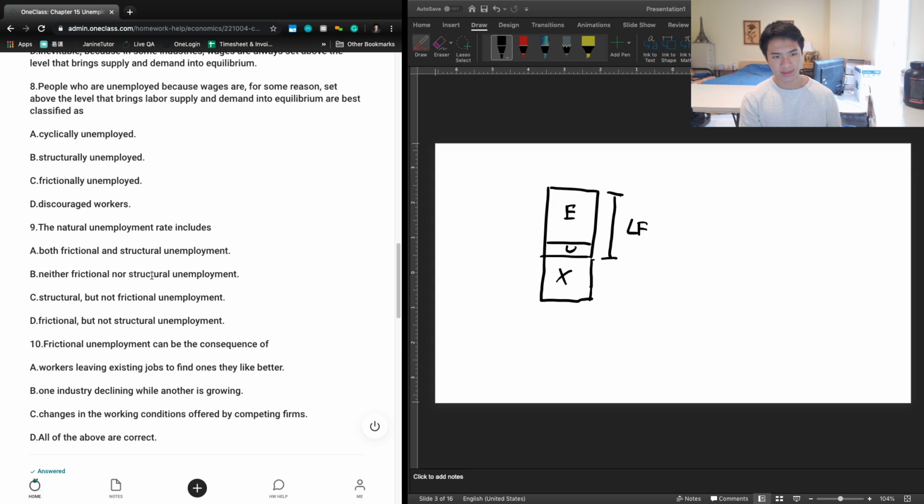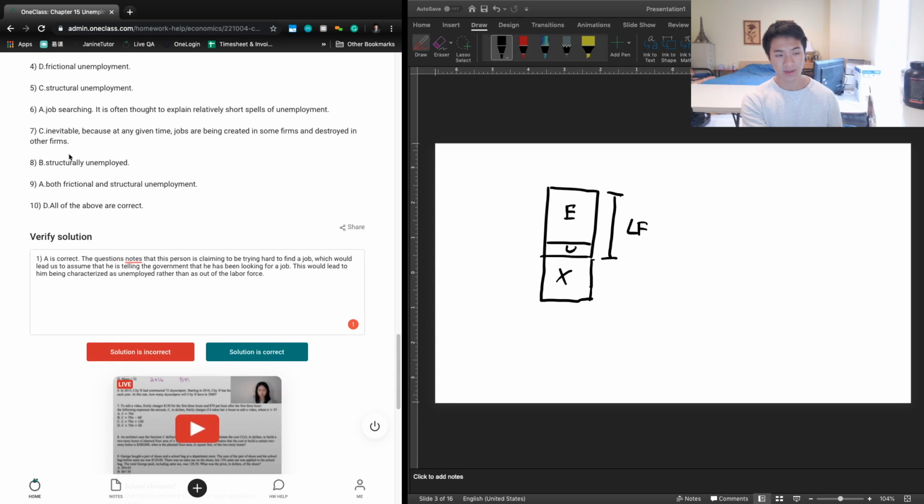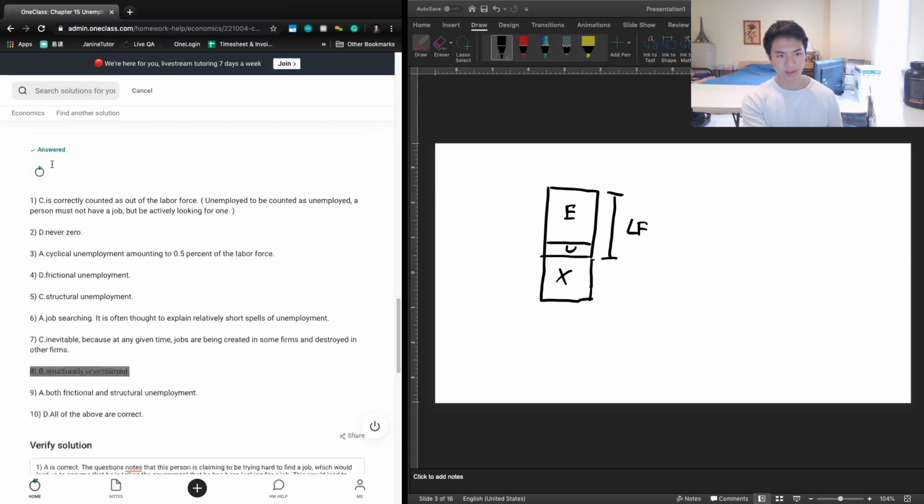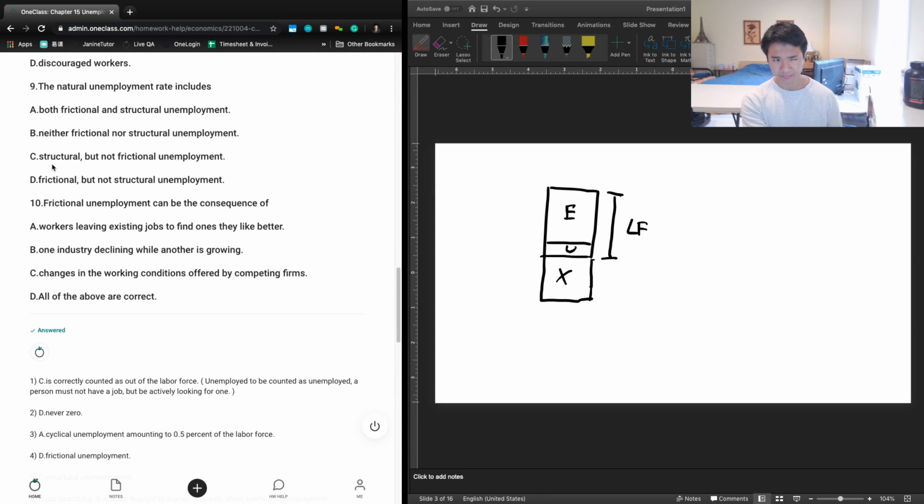And so this is one of the explanations that is given for why we see structural unemployment in the economy. And the other 2 main reasons that we are usually talking about are either unions or efficiency wages. So that's going to be important to note, and B is going to be the right answer for 8. And so B says structurally unemployed, and that is the correct answer here.